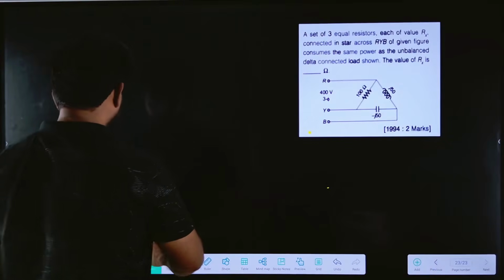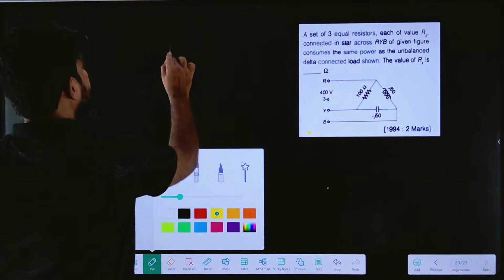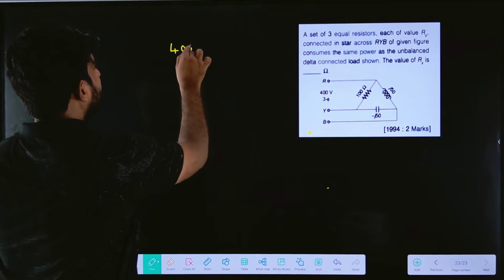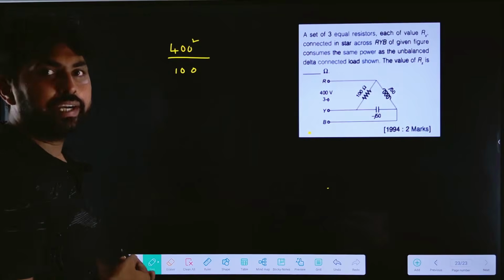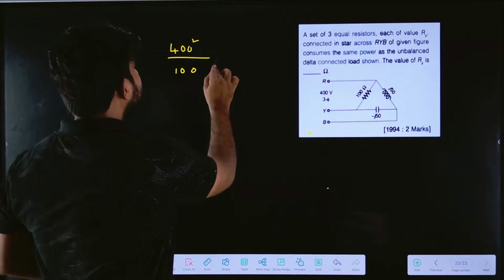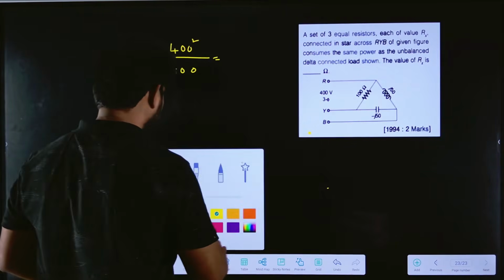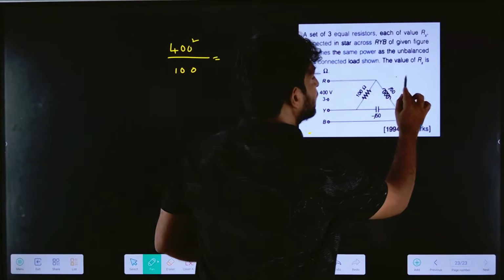So the total power will be 400 square divided by 100. In case of star connection, for example, if you have the star connection here, Rx here.